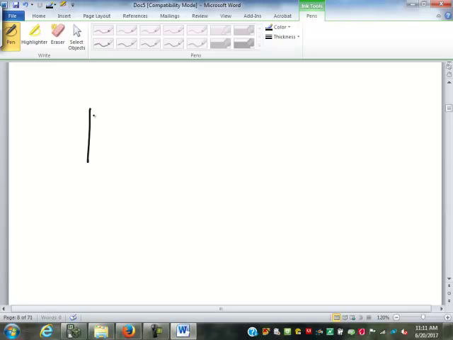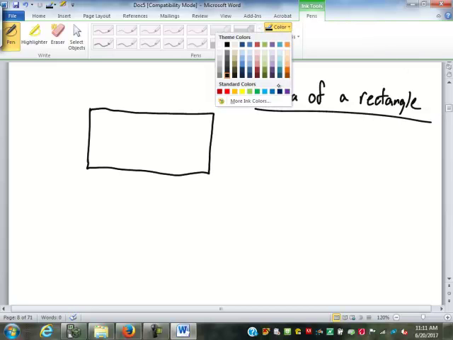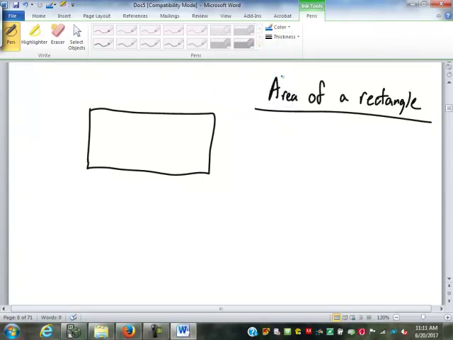We had briefly mentioned the area of a rectangle. And we said the area of the rectangle depends on the length of that original segment.